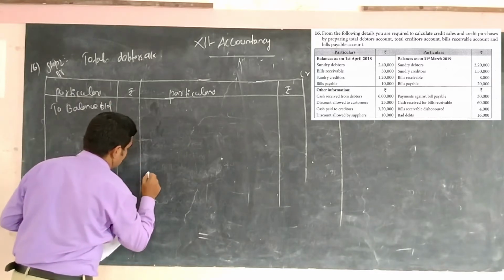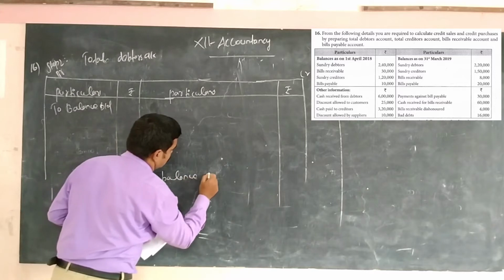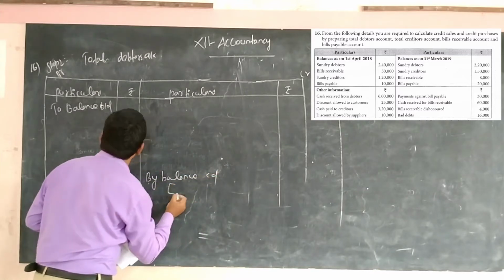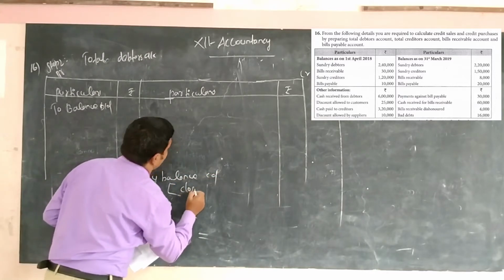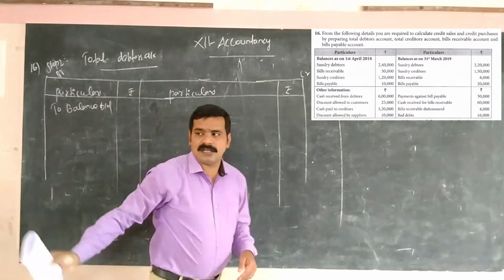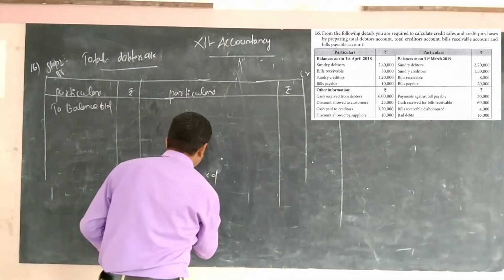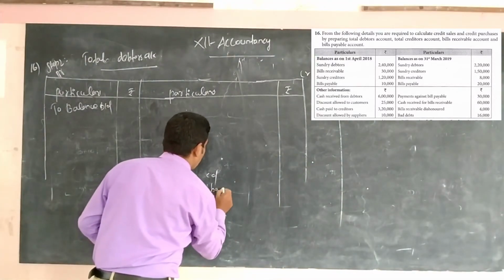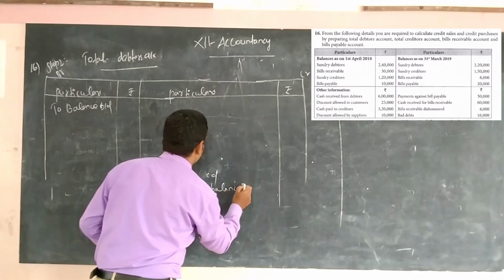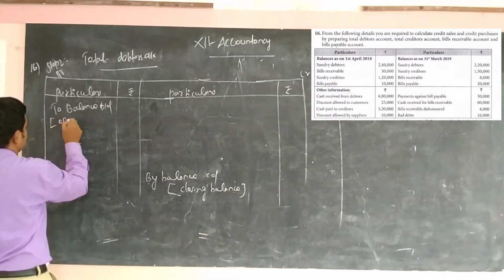Here the closing balance, by balance carried down, that is called the closing balance. This is one of the assets. So the opening balance comes under the debit side, and the closing balance comes under the credit side.